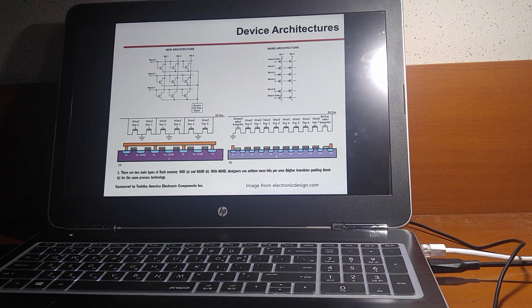It is simple and cheap, but each operation is going to take longer than in the NOR architecture because of RC time constants. So nowadays we usually use NAND architecture for the economical issue.